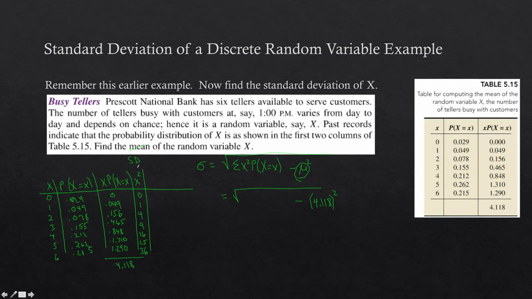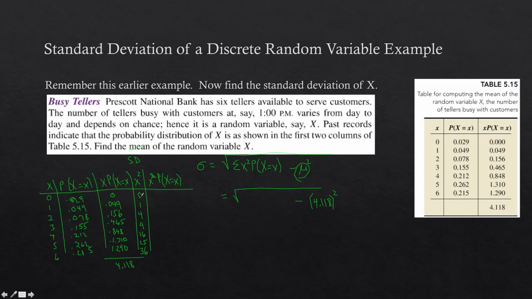Now, we also need an x squared times the probability distribution column. So, that's going to be the x squared column times this column here. We already have the probability distribution. Now we have the x squared, so we just need to multiply them together.